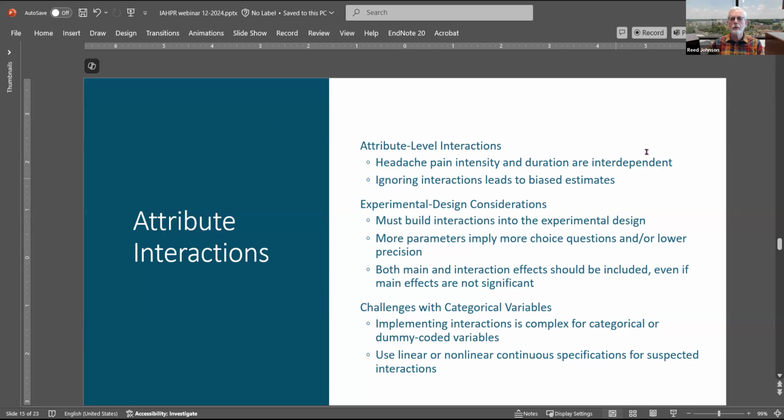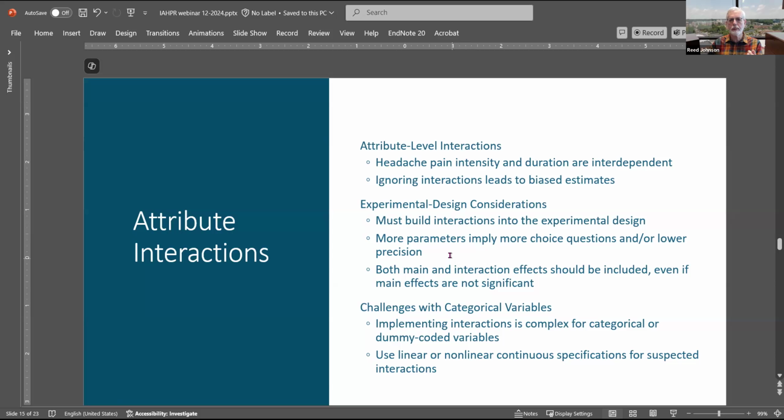If you're going to include this kind of interdependence, and this particular presentation is not dealing with experimental design, but the experimental design was the rules that were used to construct the questions. If you anticipate that you're going to need an interaction, then the experimental design has to include patterns that will allow you to recover that interaction.